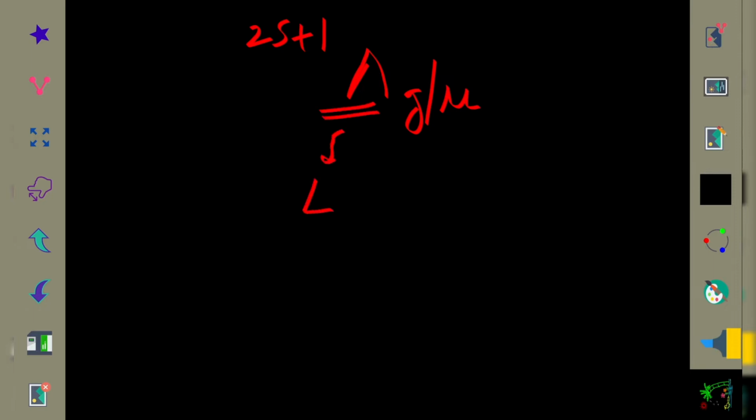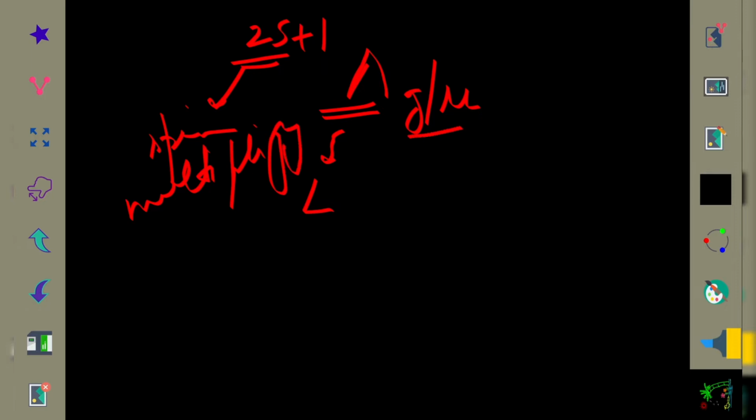So now the molecular spectroscopic term symbol will be represented by lambda, 2S plus 1, and g or u. Lambda is equivalent to the L value, 2S plus 1 is the total spin multiplicity, and g and u tell you about the symmetry.